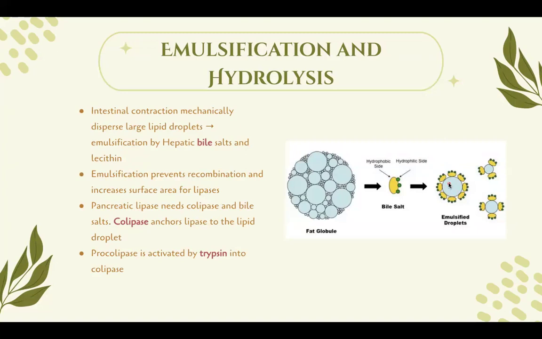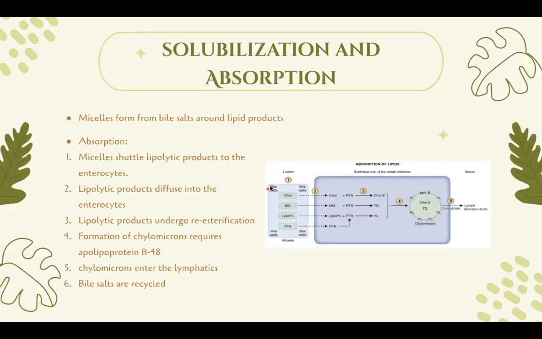But we can't let these lipid products just swim around in the intestinal water, because again, they are hydrophobic. They can't do that. So we need to form another ball around them, and we will use the same thing. We will use bile salts again, but it's going to be a different kind of ball. We're using the same component, bile salts, but we're getting a different collection. We're getting something called a micelle.